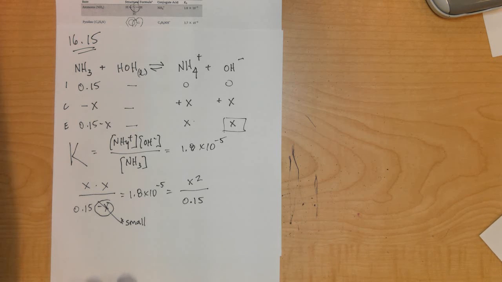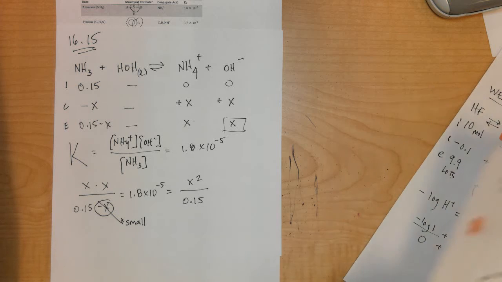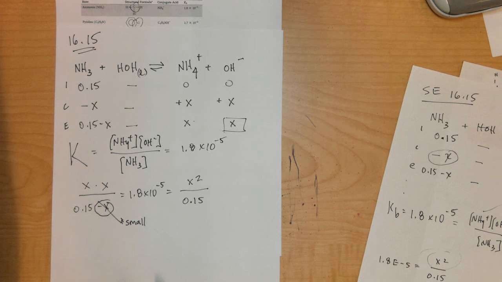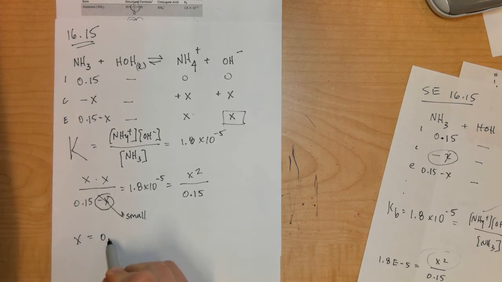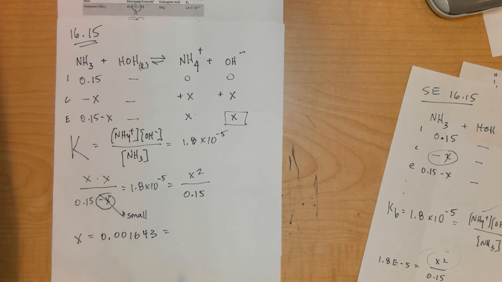So solving this equation right now for x, I end up with x equaling 0.001643. And what does this actually tell us?